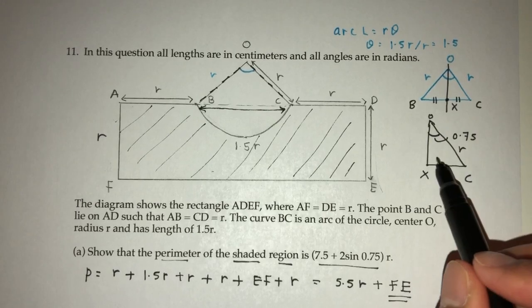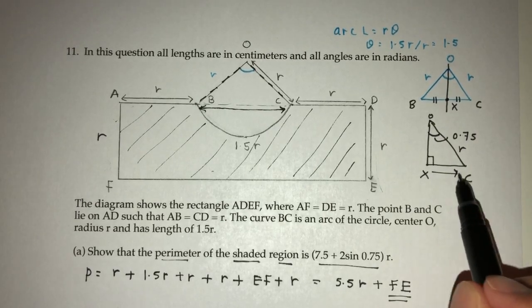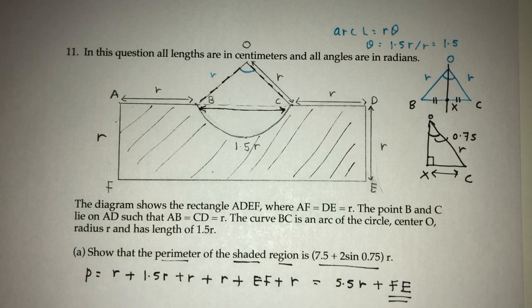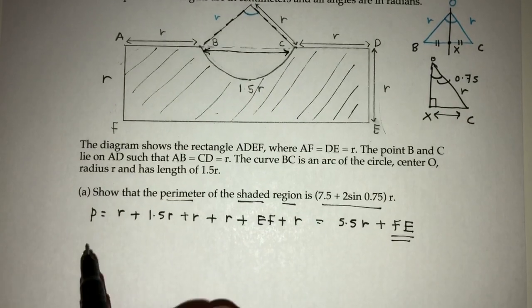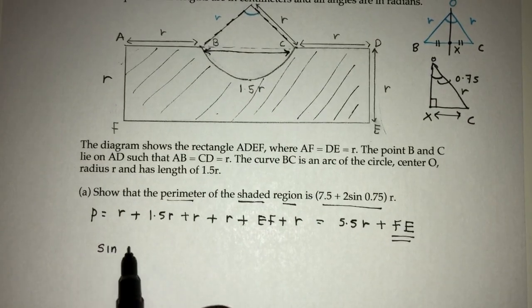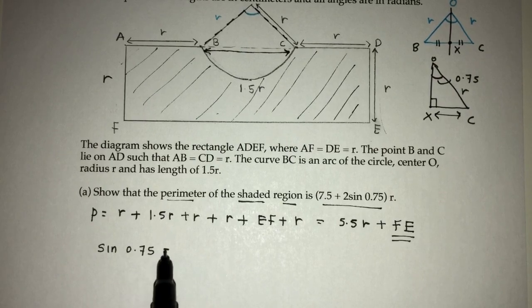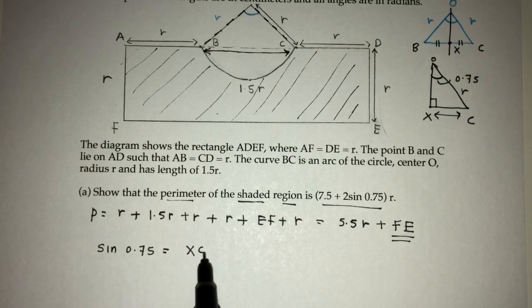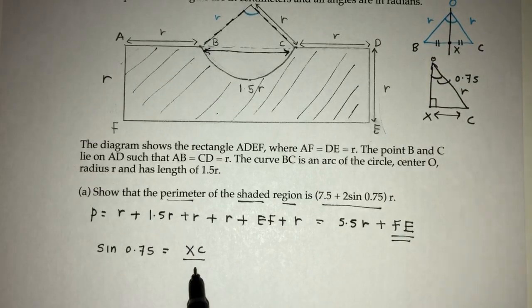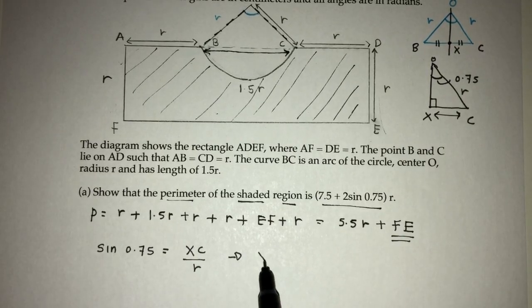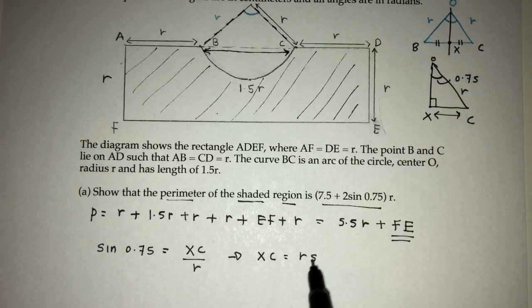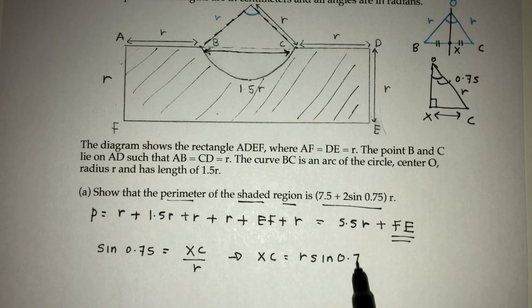We know this is R, this is 90, and we're trying to find this one. So we have to use SOHCAHTOA, so we have to use sine. So sine of the angle is equal to the opposite side, which is XC, over R, which means XC is equal to R times sine of 0.75.